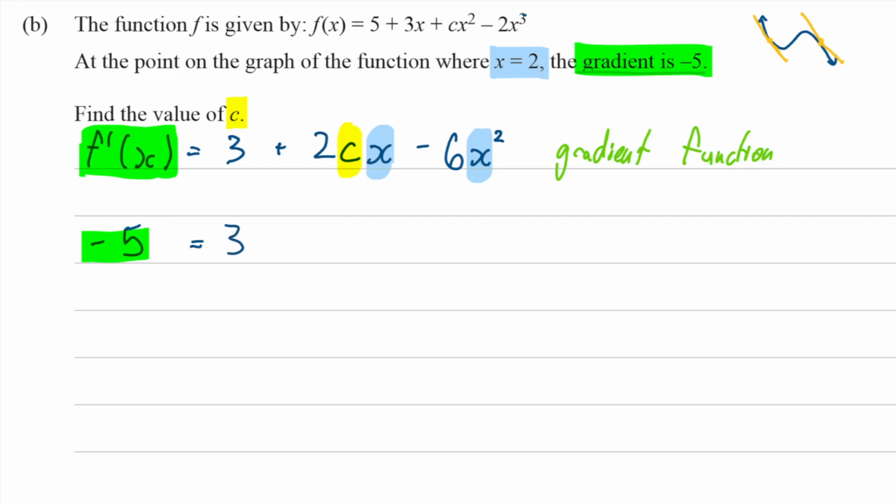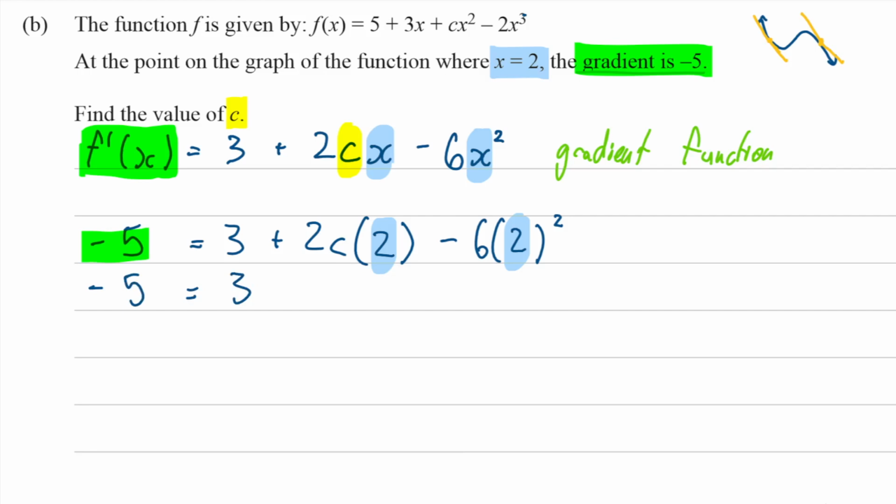Then our gradient function is 3 plus 2 times c. That's what we're looking for, so that stays as a variable. X, it's when x equals 2, minus 6 times 2 squared. So again, all we've done here is we found the gradient function by taking the derivative, and then we've substituted in x equals 2, and the gradient equals minus 5.